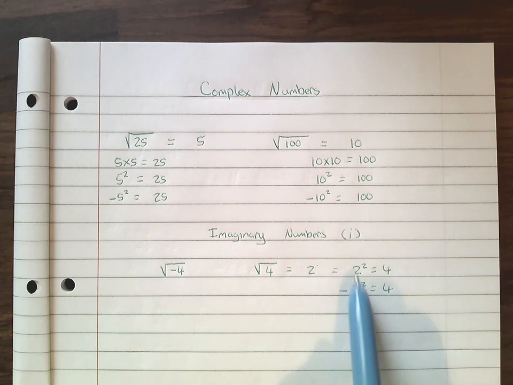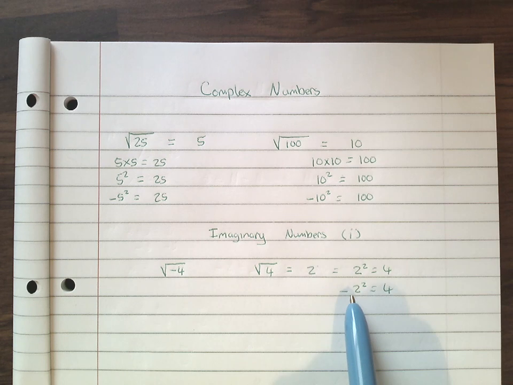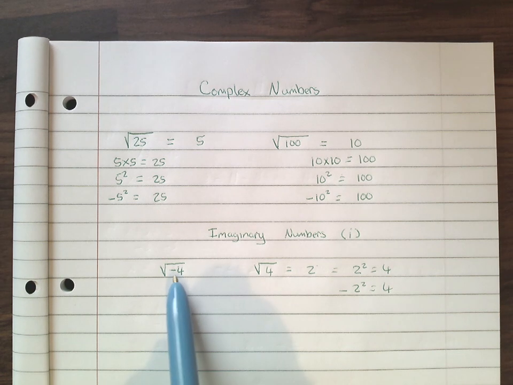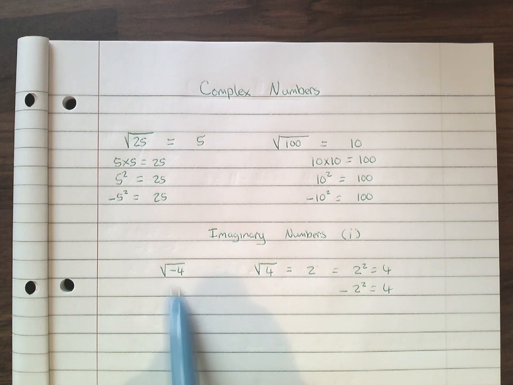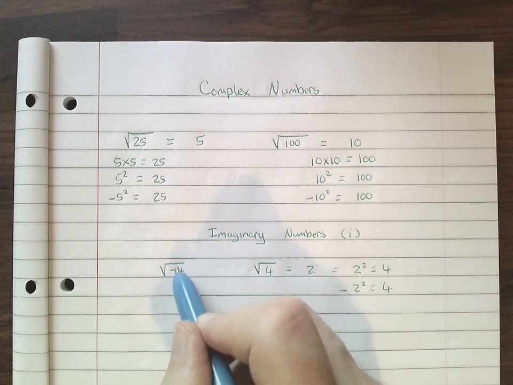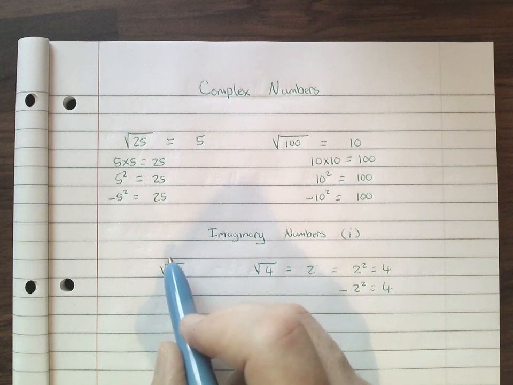Even if it's a positive or a negative integer, when you square it you always end up with a positive real number. So it can't be 2 or minus 2. How do we account for that here?